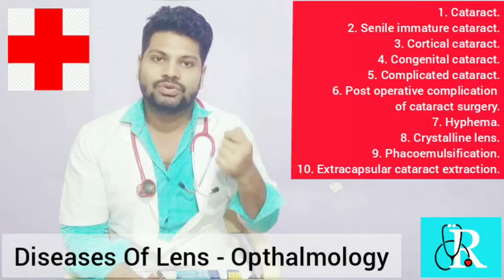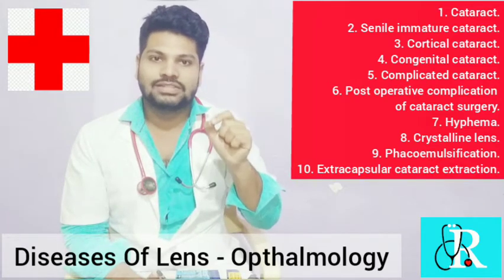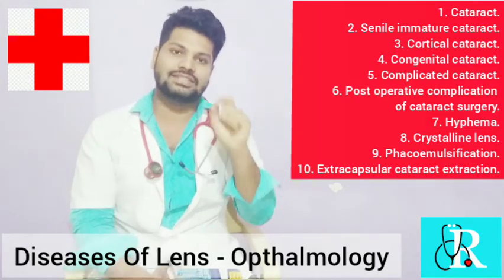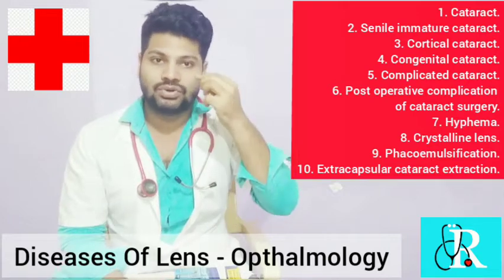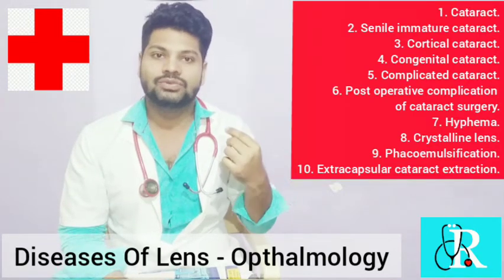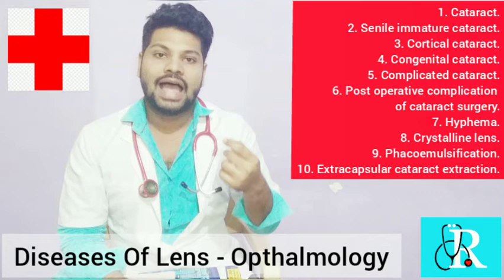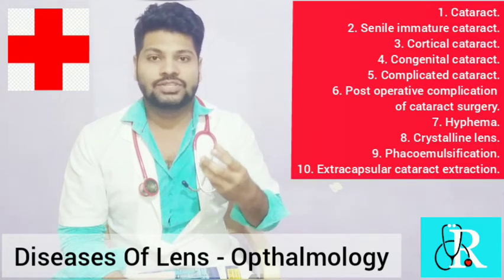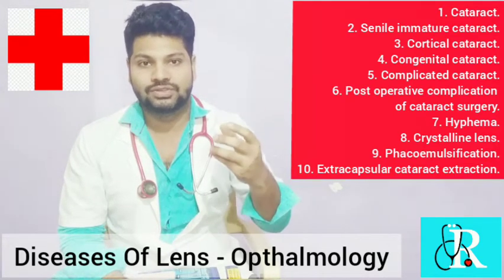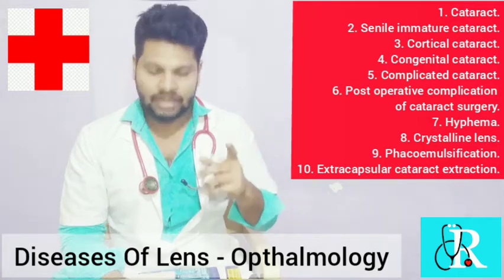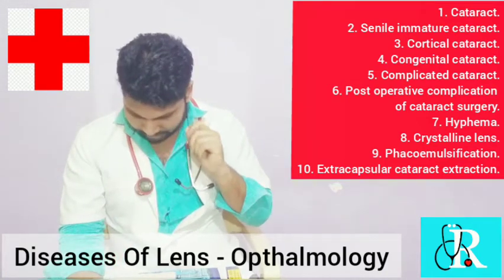It has to be removed by draining, by making a small incision like a keratotomy, and then using antibiotics and anti-inflammatory drugs to reduce the inflammation and stop infection from occurring further. So this is about hyphema.